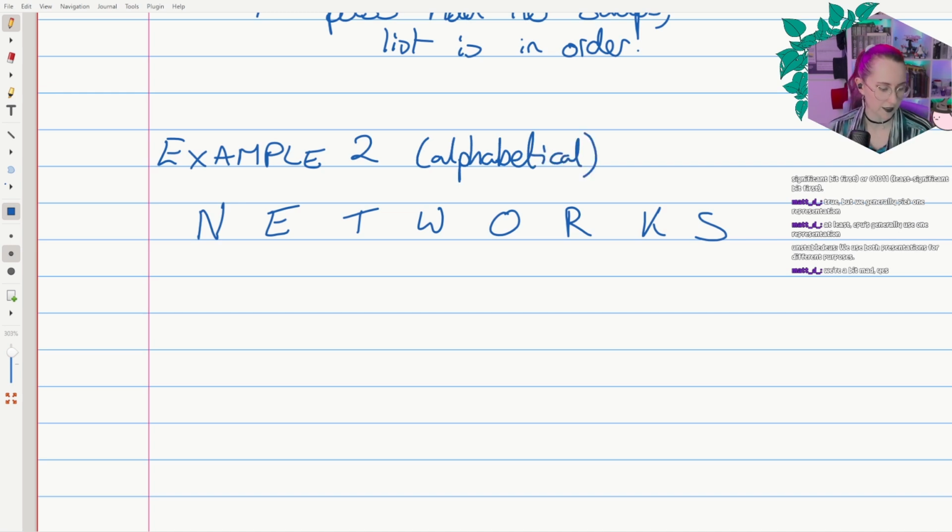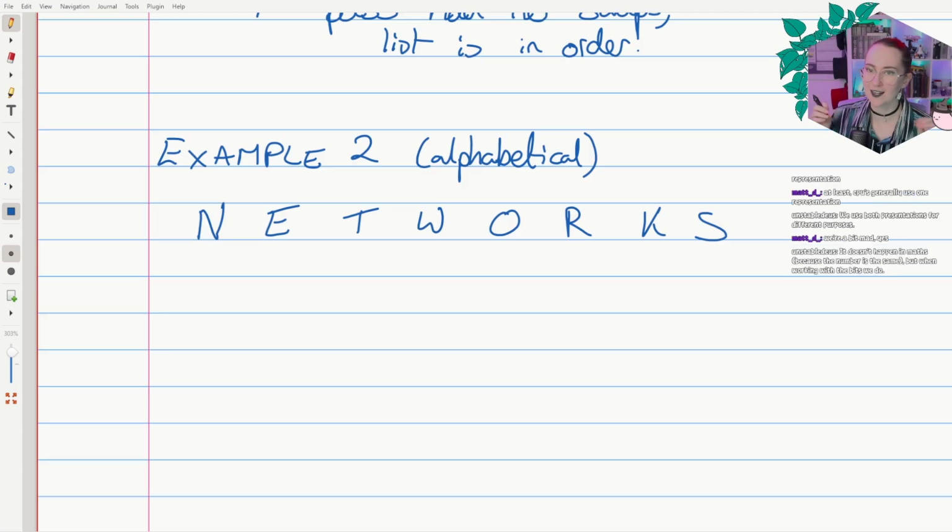It's a little bit harder because alphabetical is not something that comes as naturally to compare as numerical order. For me, at the very least, I struggle to remember the order of the alphabet in quite a lot of detail. I know the vibe of when things are late alphabet or early alphabet, but actual details, less so. But we're going to give it a go.